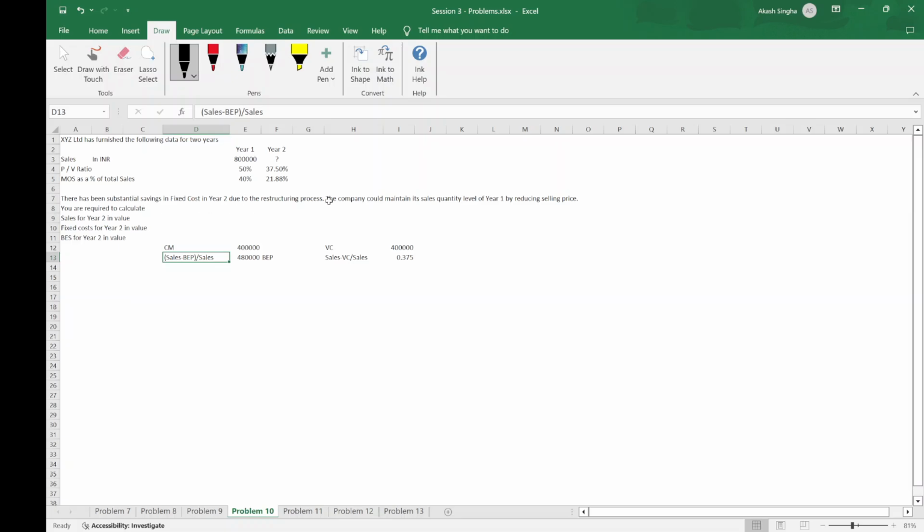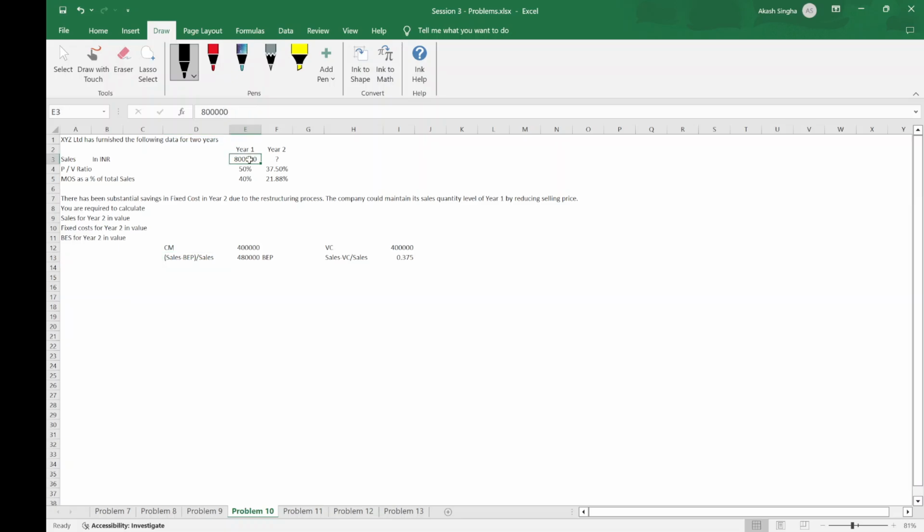There has been a substantial fall in sales in year two due to the restructuring of the company, which could maintain the sales quantity level of year one by reducing the selling price. We are required to calculate sales for year two in value, fixed cost for year two in value, and BEP for year two in value.